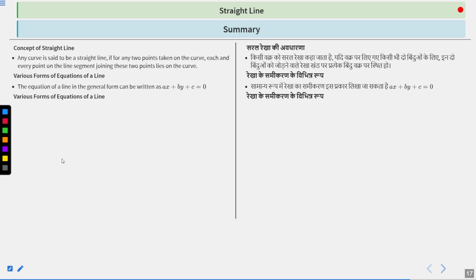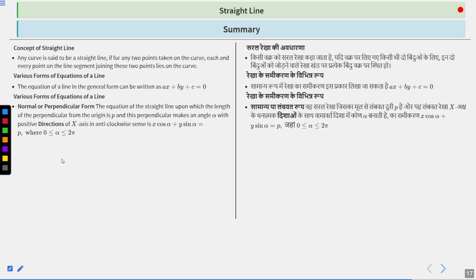Now various forms of equation of line, we have seen the normal and perpendicular form, intercept form, point form, 2-point form, right? One important part was the normal or perpendicular form, in which we explained that the equation of the straight line upon which the length of perpendicular from the origin is p, and the perpendicular makes an angle alpha with positive direction of x-axis in anti-clockwise sense can be written as x cos alpha plus y sin alpha is equal to p, where alpha will be between 0 to 2 pi, right?